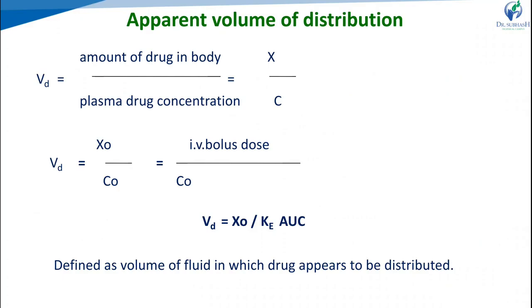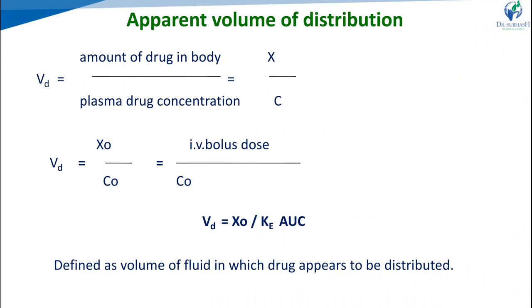Now the terminology: the apparent volume of distribution. It is defined as the volume of fluid in which the drug appears to be distributed. The primary parameters are the apparent volume of distribution and the clearance. The equation for volume of distribution is Vd is equal to x upon C, the amount of drug in the body divided by plasma drug concentration.